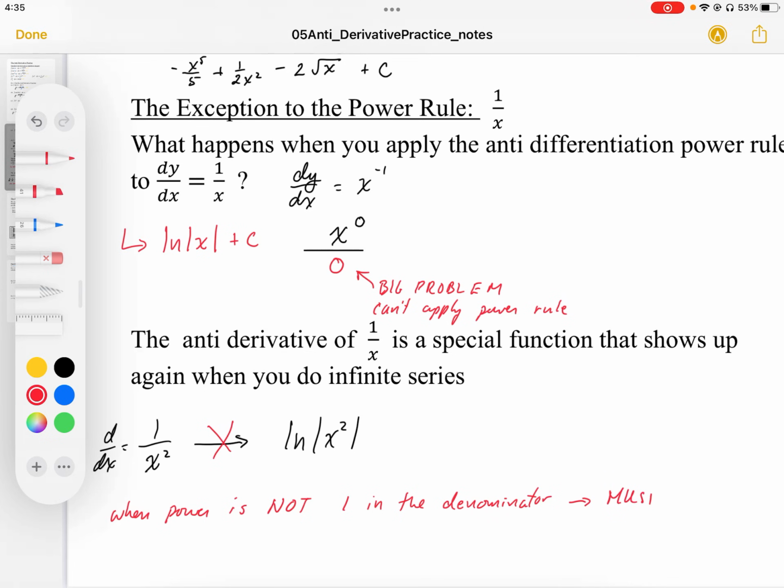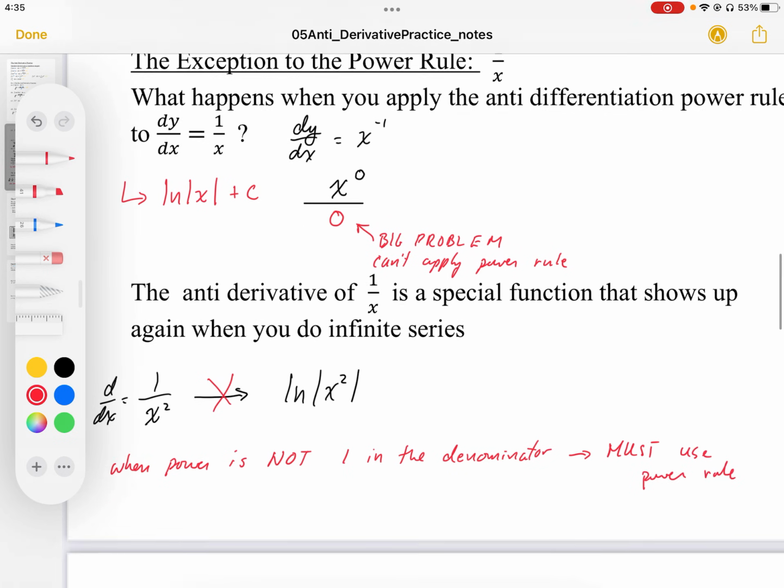we must use power rule, not log. Okay, so this is important as well.